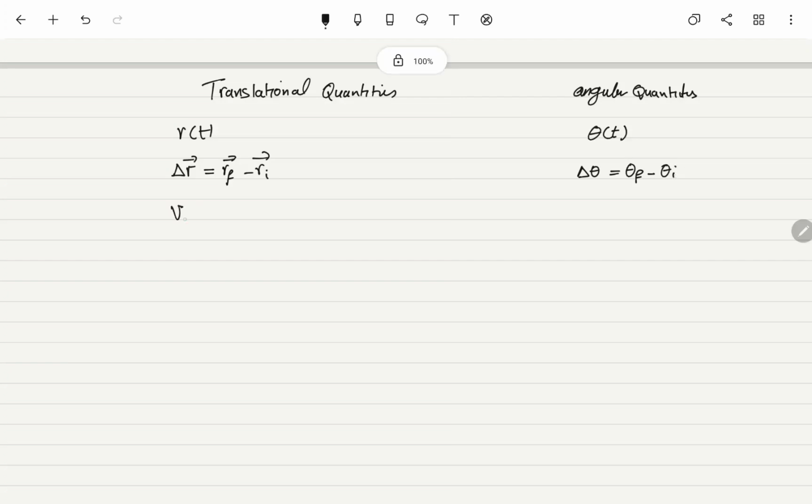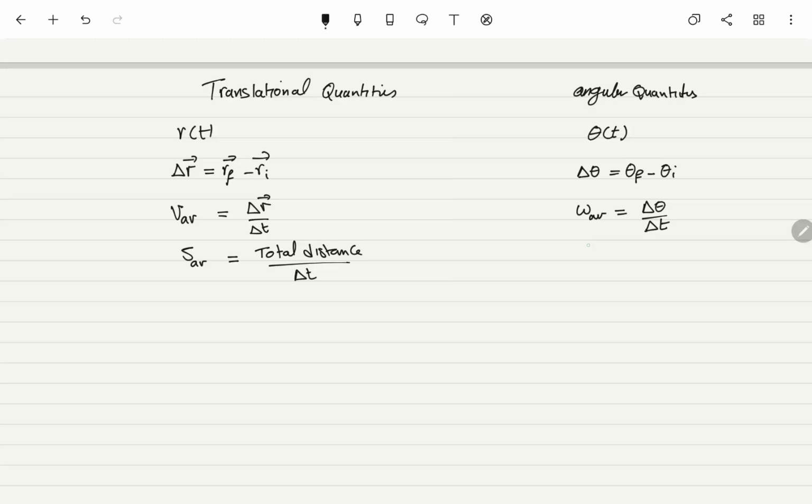Average velocity in translational quantities is defined as delta r over delta t. Average velocity in angular quantities is defined as omega average, which equals delta theta over delta t. Now average speed is defined as total traveled distance over delta t.